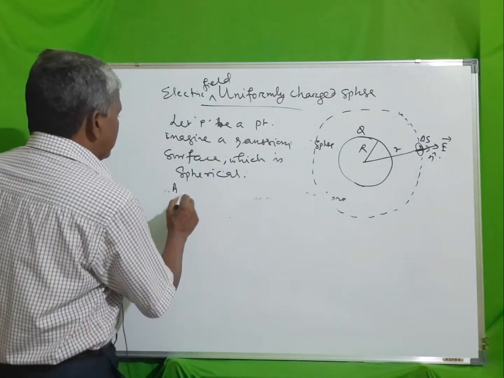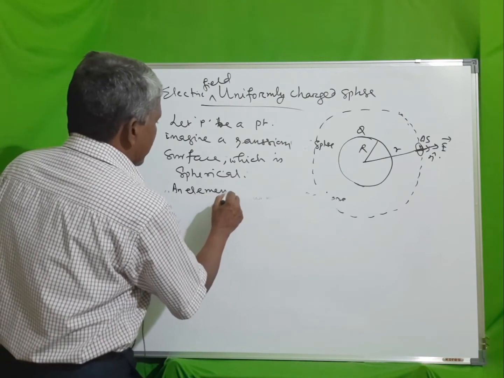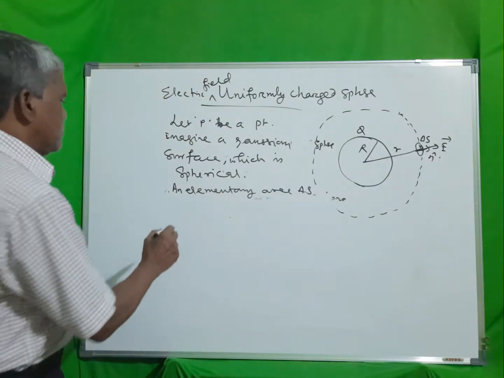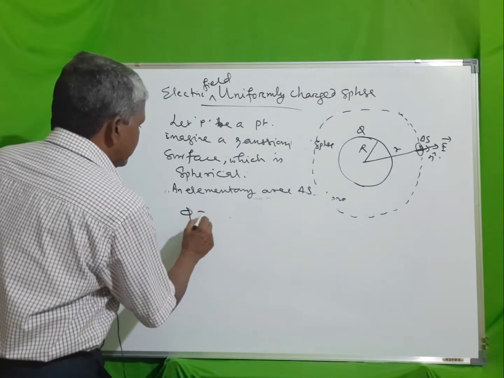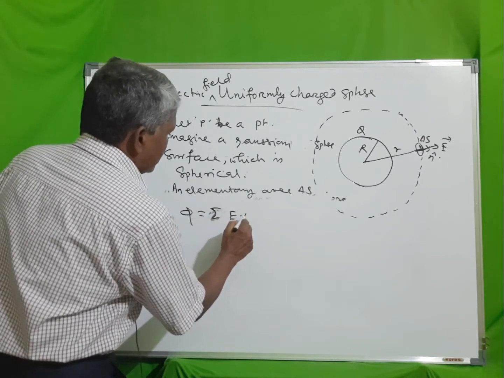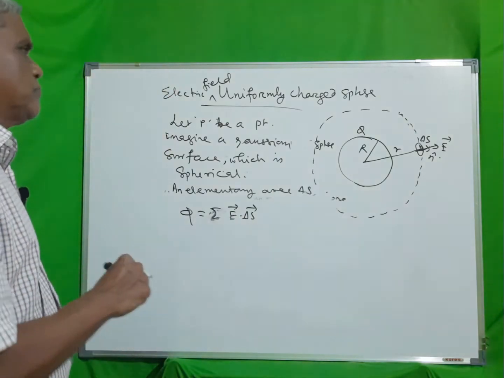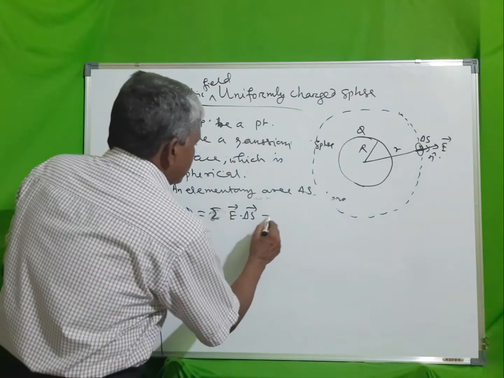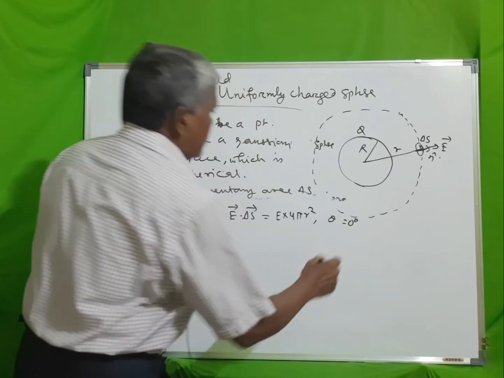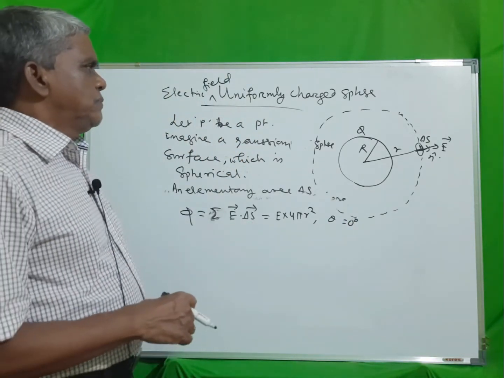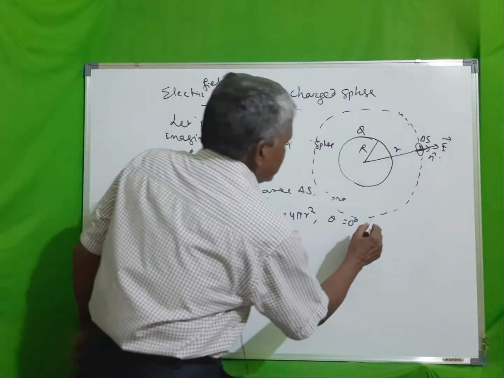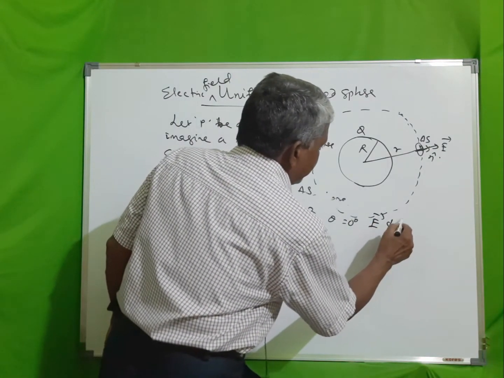For an elementary area delta S, the electric flux phi is equal to the sum of E dot delta S. This is E into 4 pi r square, since theta is 0 for any area on this spherical surface, as the electric field vector and the area vector are parallel.